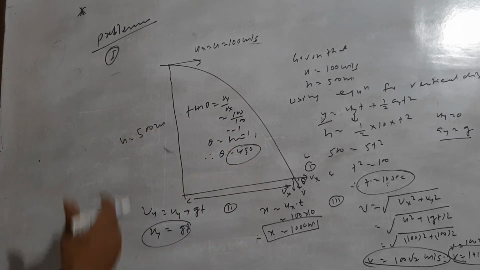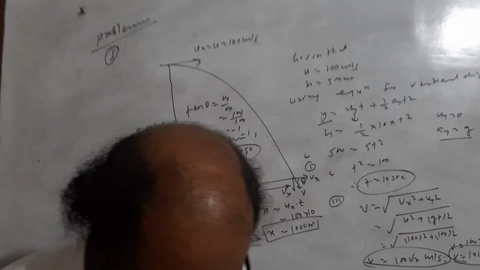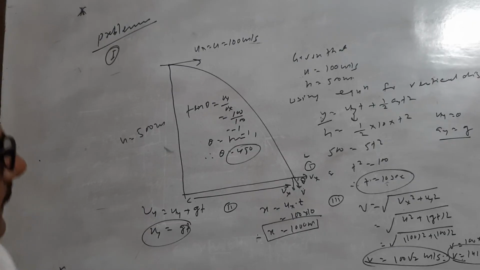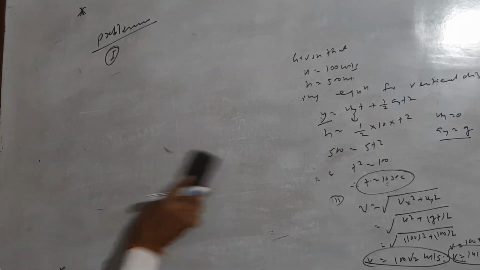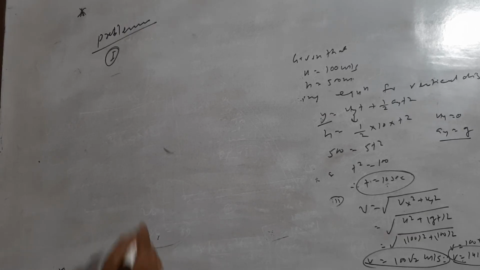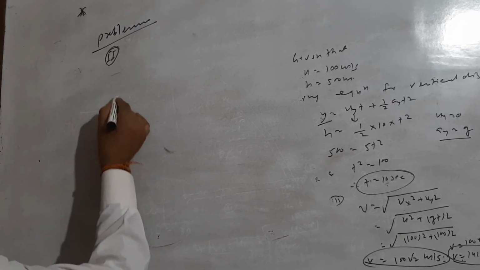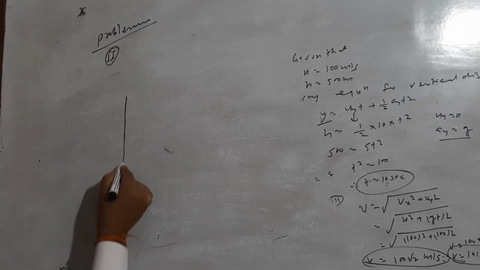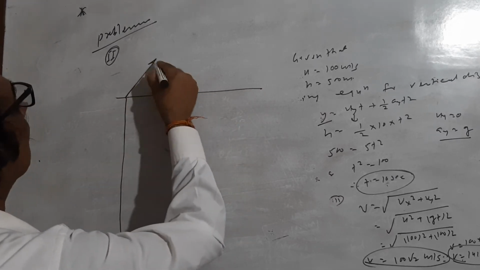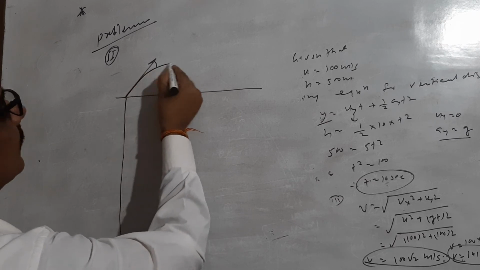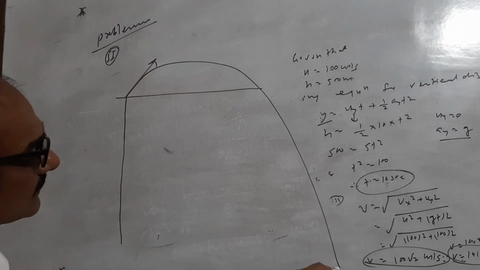Now come to see problem number 2. When a projectile is thrown from the top of a tower with angle of inclination theta, and lastly falls like that.